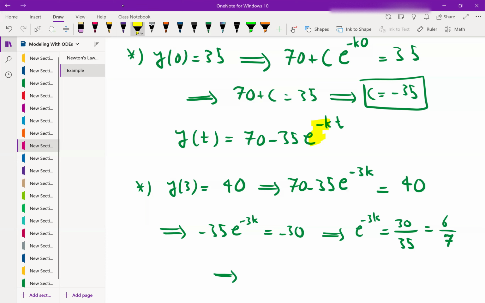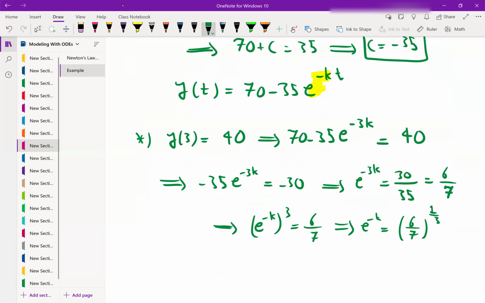I can compute k by applying natural log to both sides of this equality, but that is unneeded. I don't need that information. What I really need is e to the negative k. So here I have e to the negative k to the power of 3 is 6/7. So e to the negative k is the third root of 6/7, 6/7 to the power of 1/3.